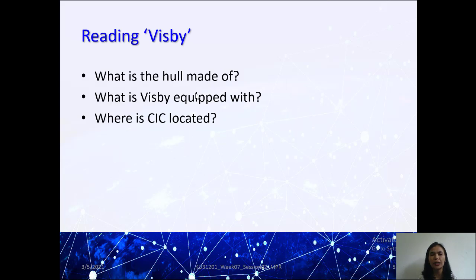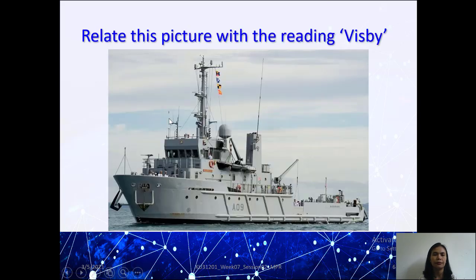Now we will move on to the next one, which is about reading comprehension related to a picture. I give you a picture, and I want you to relate this picture with the reading that we have for today. If last week we were talking about numbers, this week we are talking about pictures.